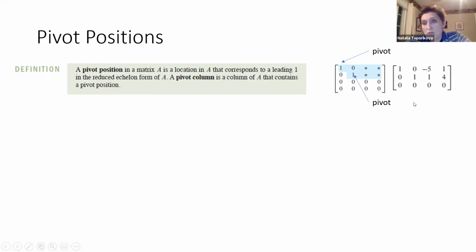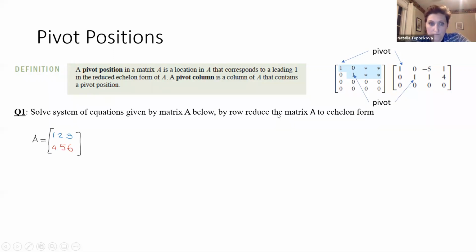Okay, so let's look at an example of a real matrix with real numbers. Again, we have a pivot position here in the first row, and there is a pivot position in the second row. Okay, so now that we have all these definitions, let's use them to reduce a very nice, neat matrix to a reduced echelon form.